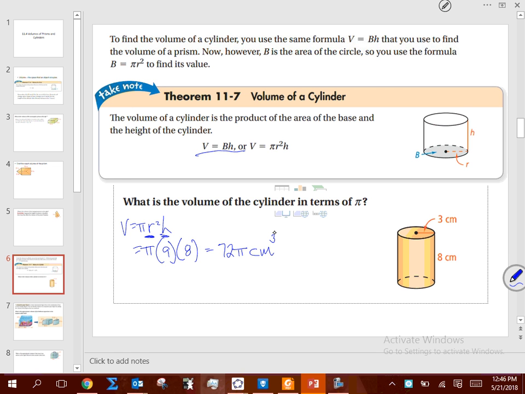The question somebody had last class was, what if I want to convert that to millimeters, okay? We know we should move the decimal place how many spots? One spot. In which direction? To the right, okay?